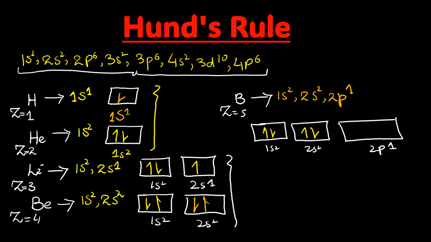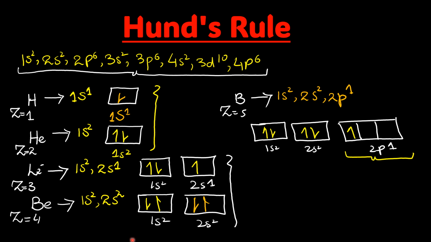So the p subshell of boron will have 3 orbitals in it, and the maximum number of electrons possible is 6. However, boron in the p subshell has only 1 electron, so we can write 1 electron in any orbital. Please keep in mind that the energy of the orbitals of the p subshell is the same.